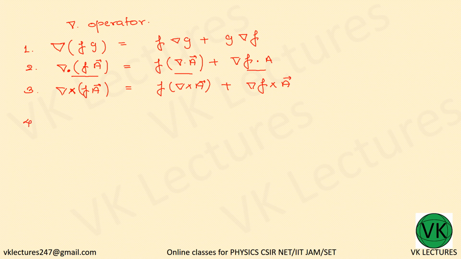Fourth one, divergence of a cross b. Now you are going to get a scalar here, so each term must be a scalar. So b dot del cross a minus a dot del cross b.